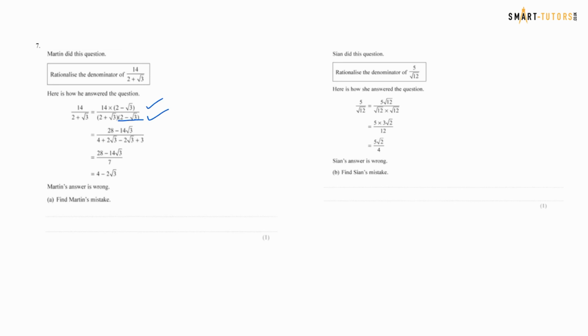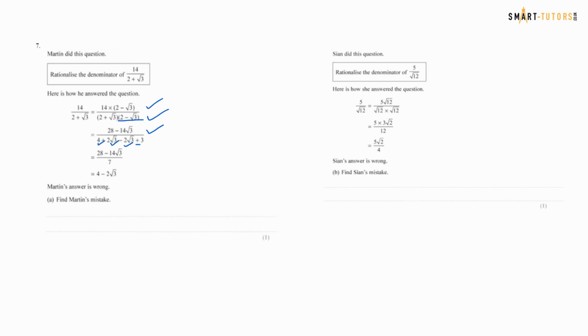Now when you are multiplying, 2 times 14 is 28, the top is also correct. 2 times 2 is 4, 2 minus root 3, so that is correct, and that is correct. And then now plus times minus, this has to be minus, and root 3 times root 3 is 3, correct, only the plus is the problem.